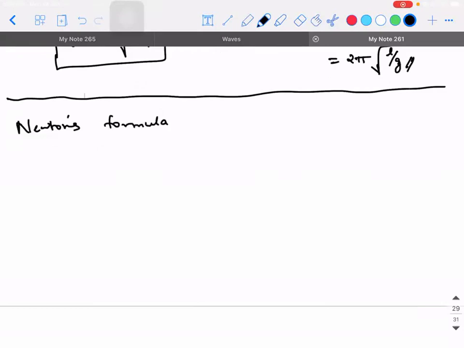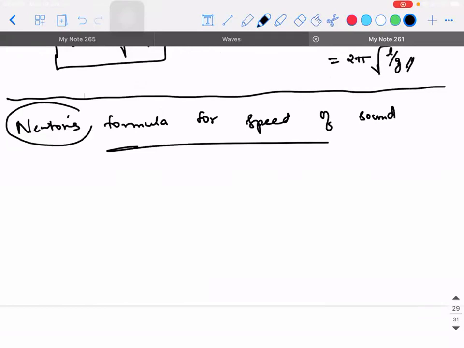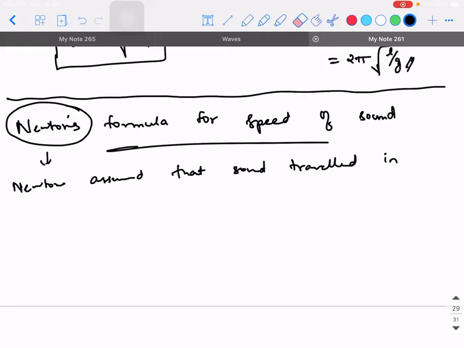Newton's formula for speed of sound. Okay. Remember, the speed of sound's general formula is root of B by rho. But the reason I'm calling it Newton's formula is that Newton assumed that sound traveled in a fluid medium, mostly in air actually, under isothermal conditions.